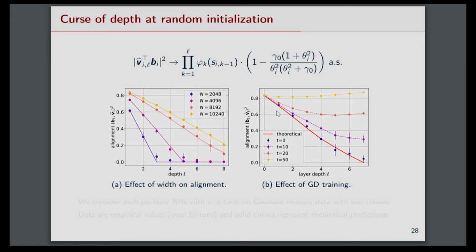This red line is for the random case, and then I use gradient descent to train this neural network. At step t, I plot this eigenvector alignment, and you will see that by around the 50th step, this eigenvector alignment is increasing at the last hidden layer. It amplifies this eigen information. So after training the neural network, this information is preserved in this neural network, even amplified.